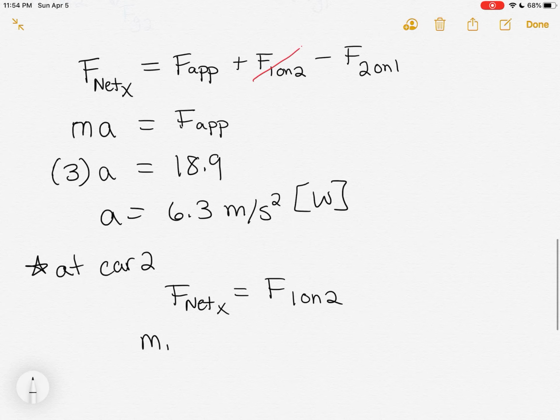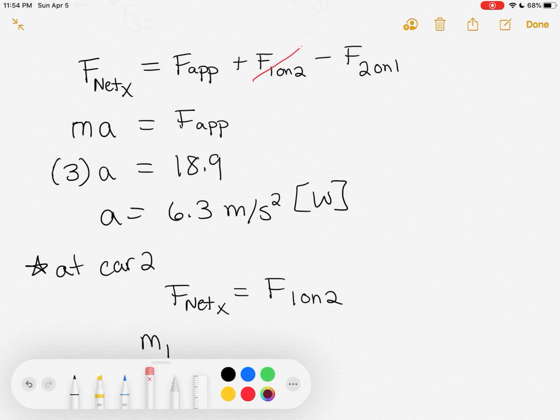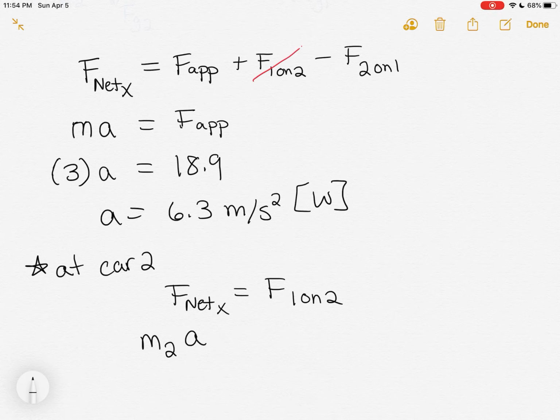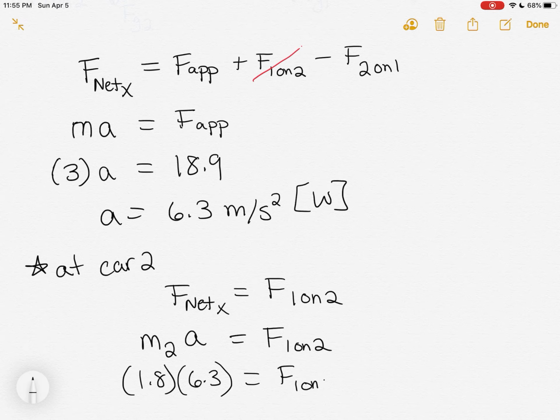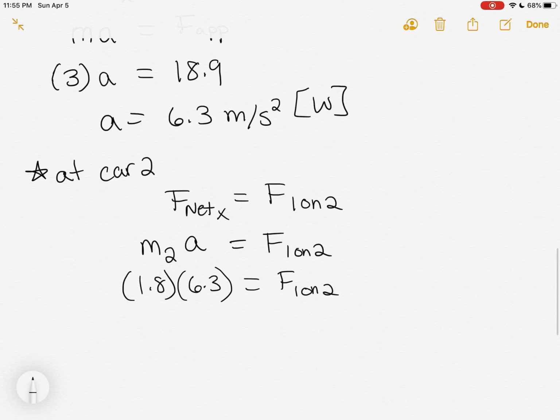And so then we know that the mass of just cart 2, times the acceleration, which will be the same for each cart, will be the force of 1 on 2, which is what we're looking for here. So the mass of cart 2 was 1.8 kilograms. Our acceleration we calculated as 6.3, and that will be the force of cart 1 on cart 2.